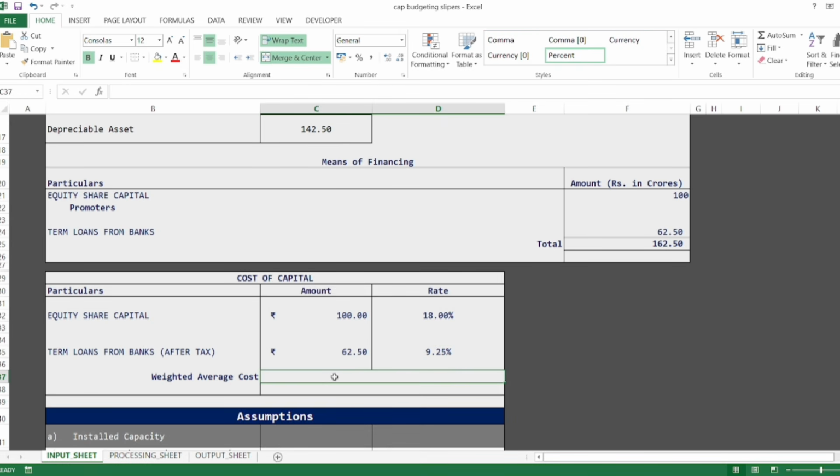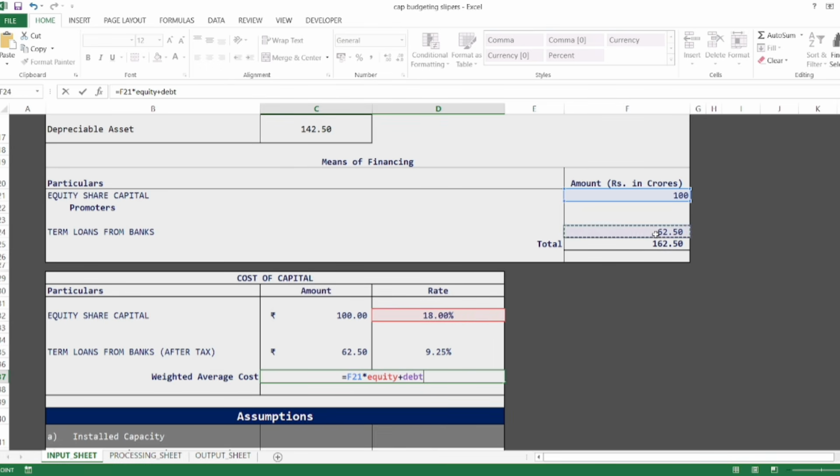Now for the calculation of the weighted average cost, we'll use the formula: equals, open your bracket, select your equity share capital amount, that is F21, and multiply it with the equity rate that is given to us, 18%, plus the same for debt, and multiply it with the rate.